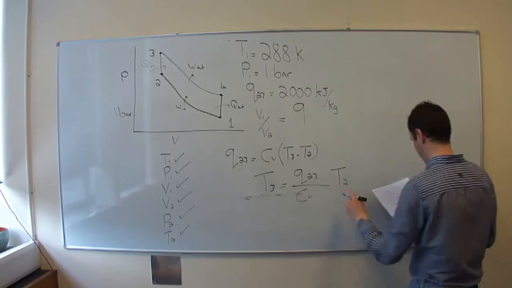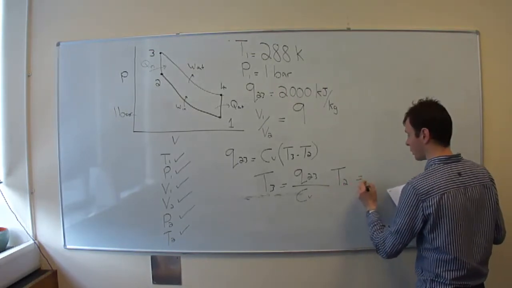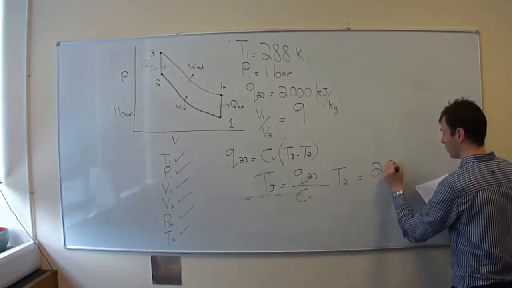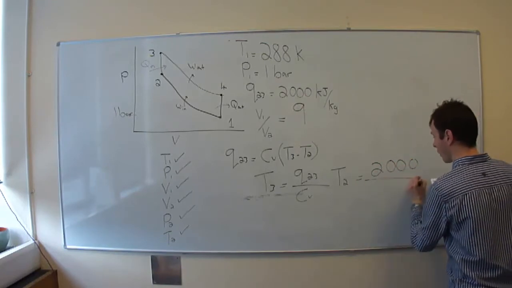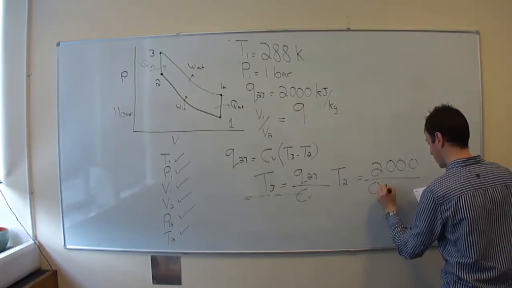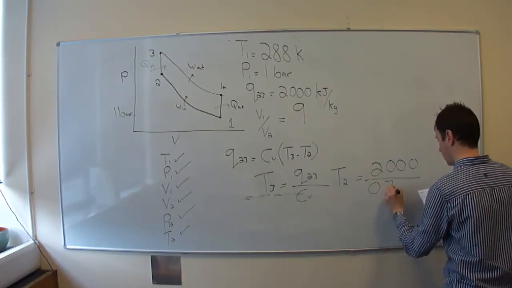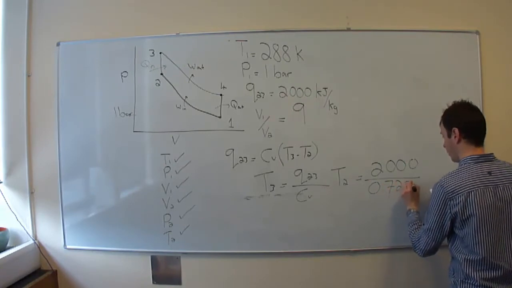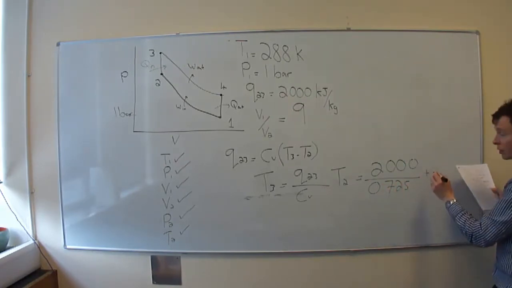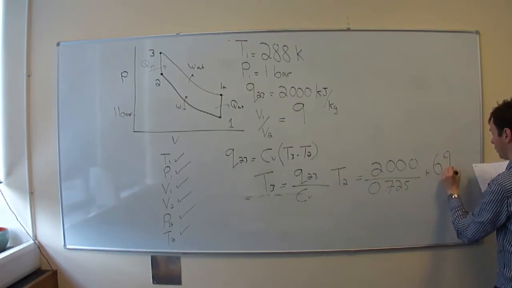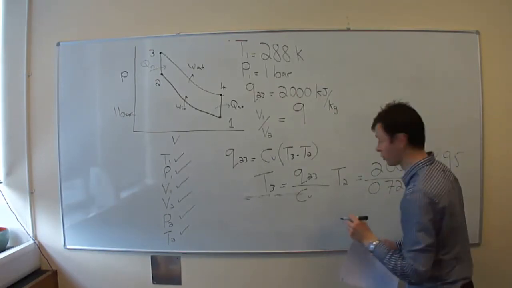So working it through, it equals 2000 over CV, which in this case is 0.725, plus our 695. Hopefully I'm not off the screen there.